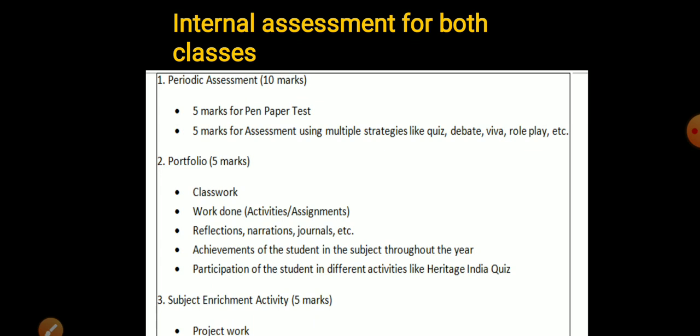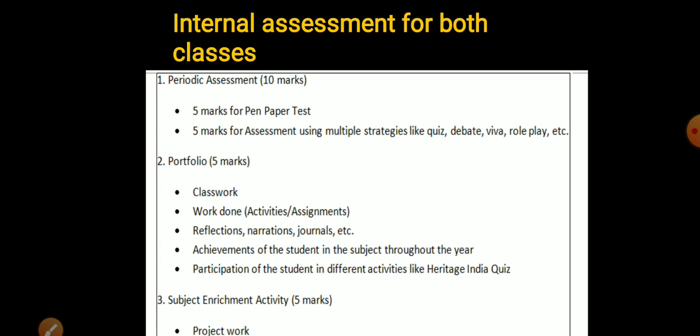Understood? So among those periodic assessments, children, 5 marks will be for your pen paper test. Okay, clear? 5 marks will be for whichever pen paper tests are happening, means quarterly exam, then half yearly exam and then your annual exam. This is for 9th standard. Then for 10th standard, quarterly exam, half yearly exam and pre-annual exam.